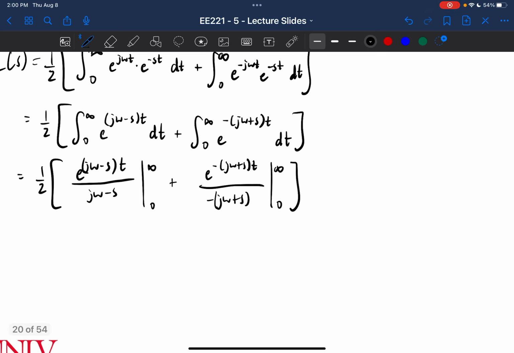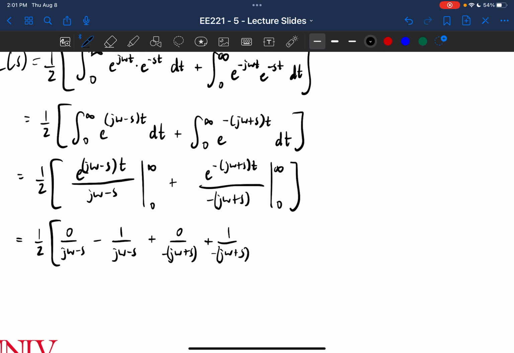All right, and so if we go through plugging in infinity and 0 for t for these two integrals, the first one, we basically just get 0 over (j omega minus s) minus 1 over (j omega minus s), plus another 0 over (negative j omega minus s). And then the last one is just going to be negative, so I'm going to get a positive, so it'll be a plus 1 over (negative j omega minus s).